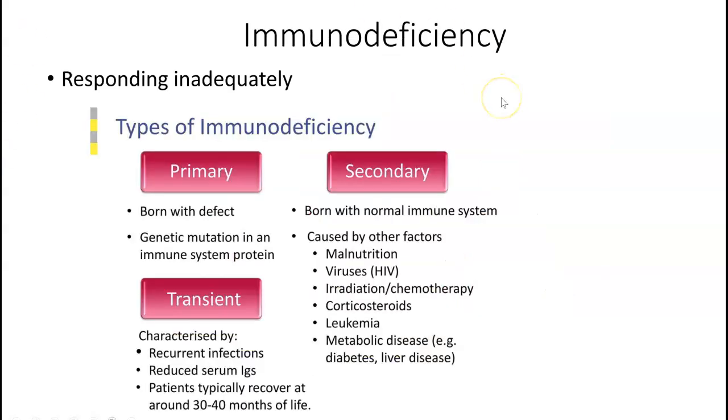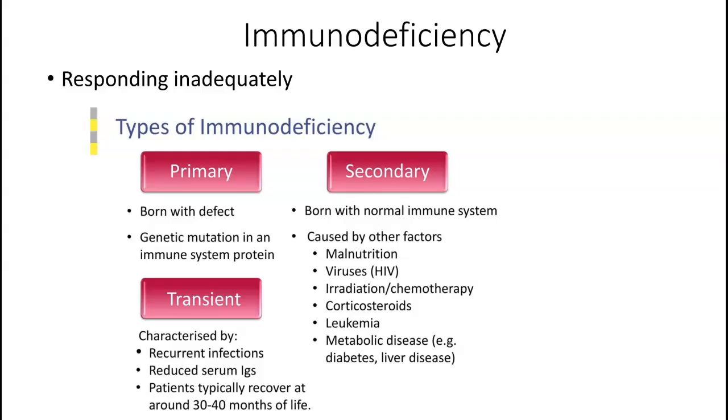The last thing that we talked about is immunodeficiency. So this is when our immune system is responding inadequately. It could be primary or secondary. Primary means that the person is born with that defect, and we talked about that boy in the bubble syndrome, where somebody basically does not have an immune system. Secondary is normally what we see.